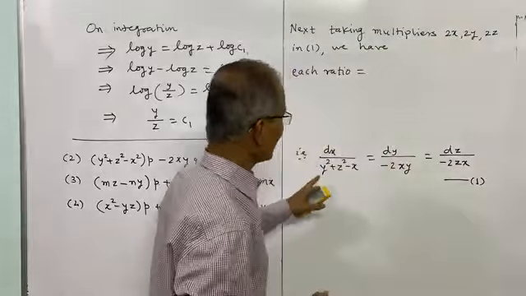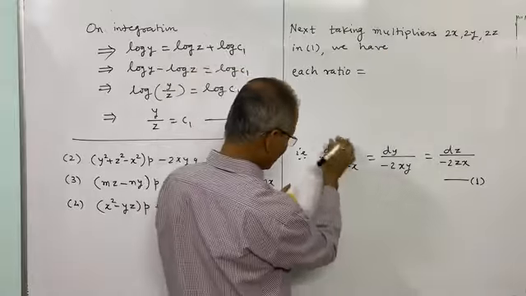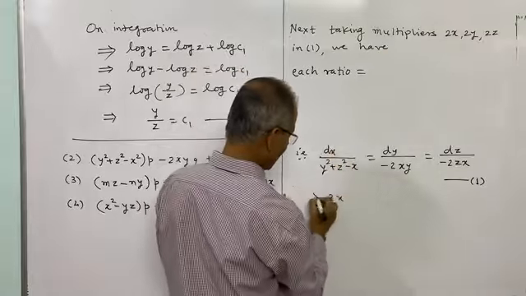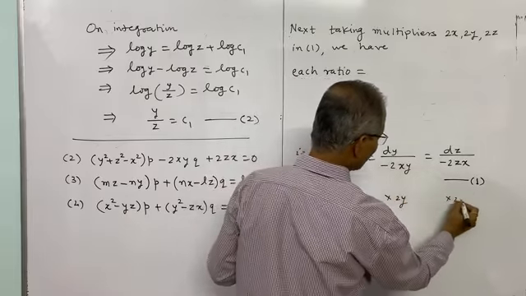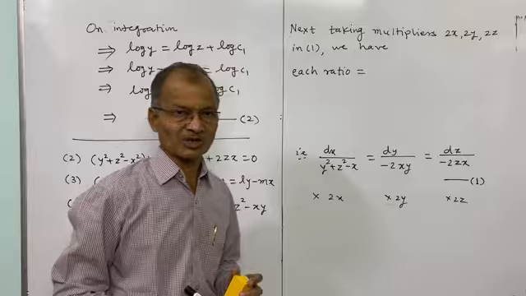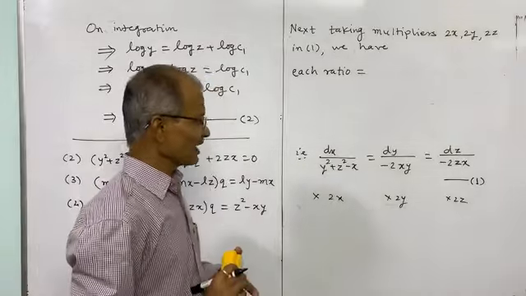How to take the multiplier? We have to multiply the first ratio by 2x at both numerator and denominator. We have to multiply the second ratio by 2y. We have to multiply the third ratio by 2z. How are these chosen? That is by observation.